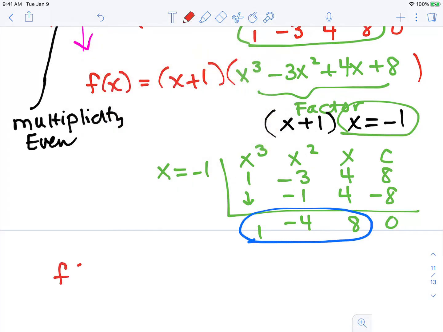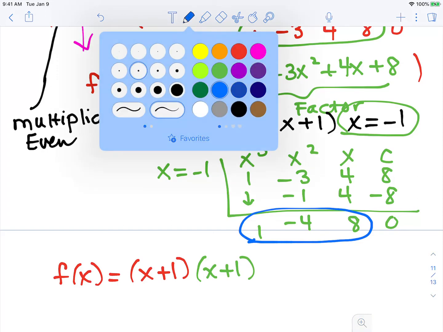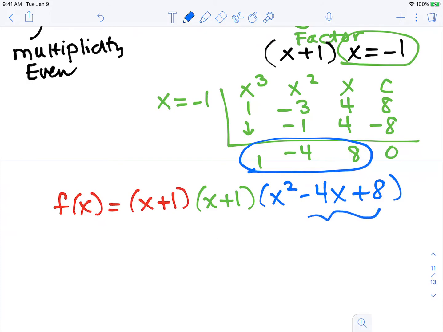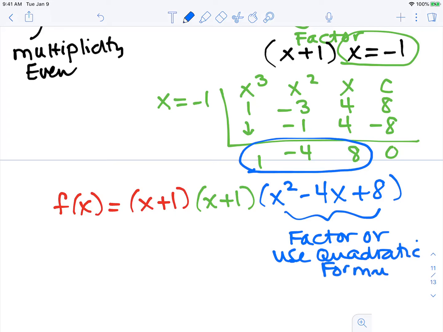So I have the function now as f of x equals x plus 1, which was the first factor. Then we took out another factor of x plus 1 in the green. And now what's left is a quadratic. And now we can either factor this or use the quadratic formula if it's not factorable.